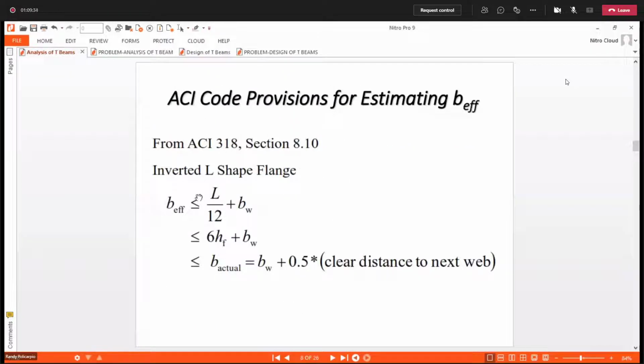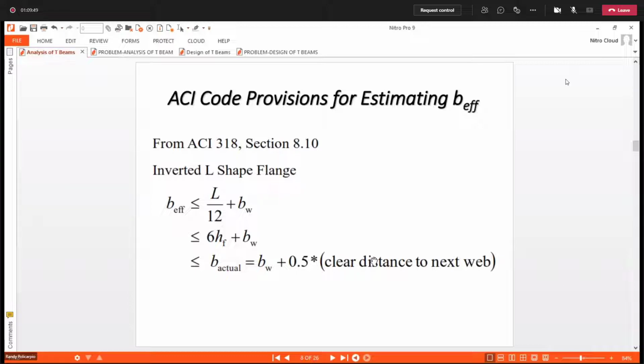Okay, so for the inverted L shape, this is actually the criteria. So L over 12 plus BW, 6 HF plus BW, and BW plus 0.5 clear distance to the next web.